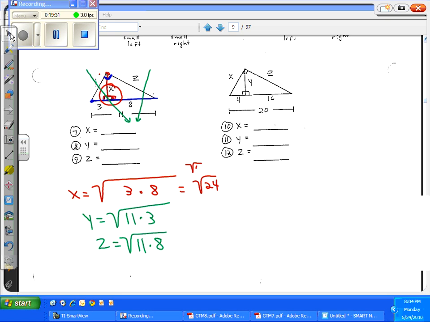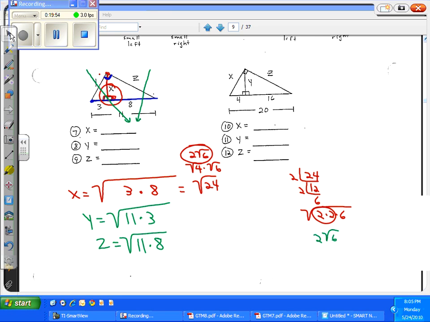So we're going to get x is equal to square root 24. If you can mentally think square root 4 times square root 6 and square root 4 is 2 and get 2 square root 6, then that's fast. If you have to break it down, that's fine. Pair of 2's.